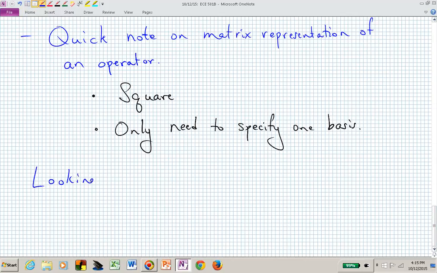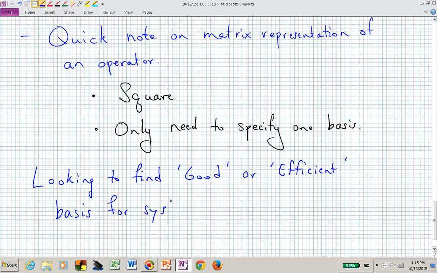And that's what we are looking for. Looking to find a good or efficient basis for this linear map or for the system.